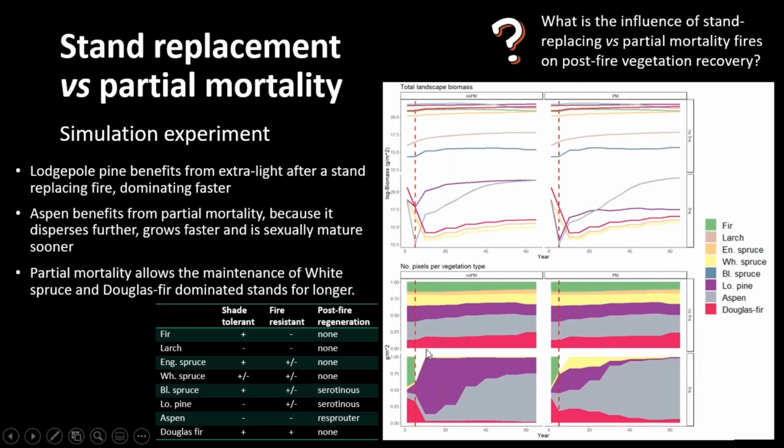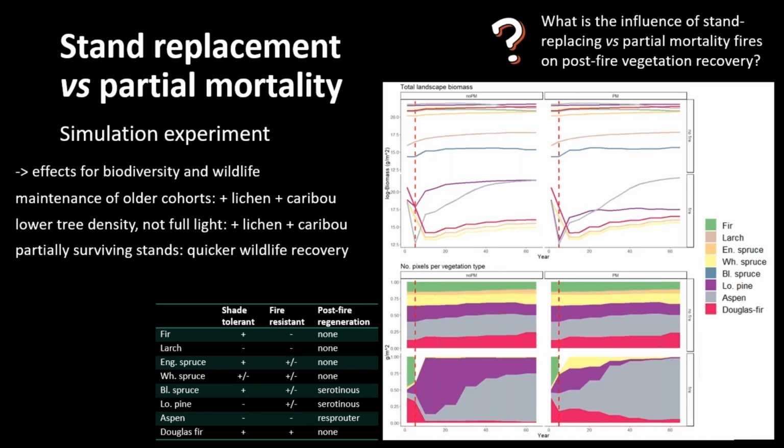With no partial mortality, so with stand replacing fire, lodgepole pine becomes very dominant at the beginning, then aspen starts to take over. But if we have some partial survival, it's interesting to see how white spruce, the yellow one, and Douglas fir are able to maintain more of their dominance in certain pixels than they would if it was a stand replacing fire. So it's important to see how these dynamics change in the scenarios.